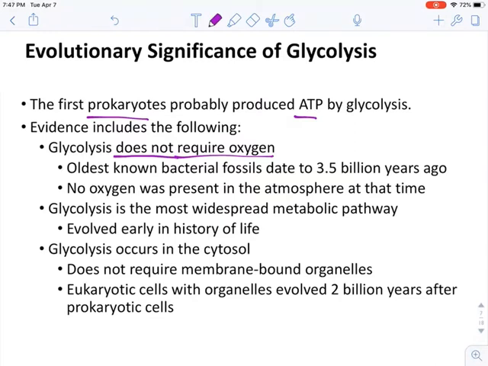And that's because it has nothing to do with the mitochondria at all. And also bacteria, which probably existed, let's say 3.5 billion years ago, we're pretty sure there wasn't even oxygen on Earth at that time. So it would make sense that these little prokaryotes evolved on a planet without oxygen. So the process by which they make energy must have also been present in the absence of oxygen.